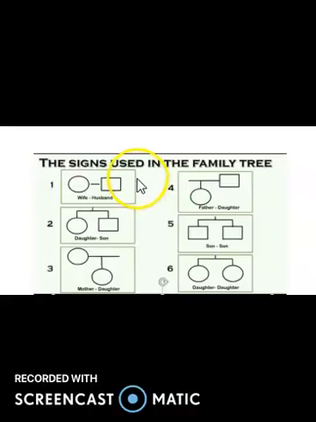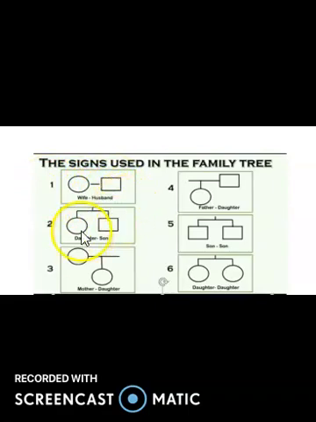Now look at these signs carefully. So again, as I said, the rectangle represents a male figure and the oval represents a female figure. Now here, when the rectangle and the oval are connected, it is called wife and husband.